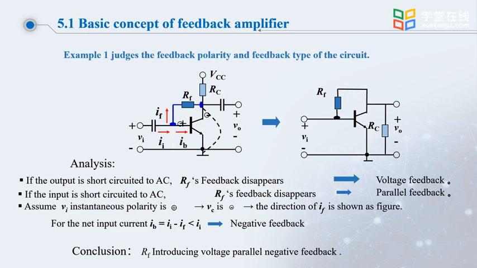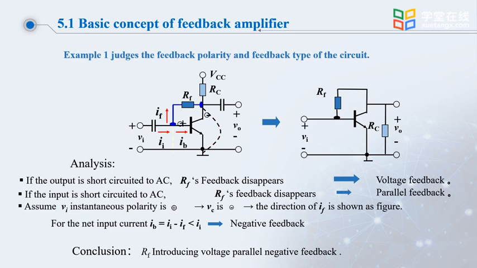So let's use the instantaneous polarity method. If you give an instantaneous positive at the base of the amplifier, its collector is an instantaneous negative.